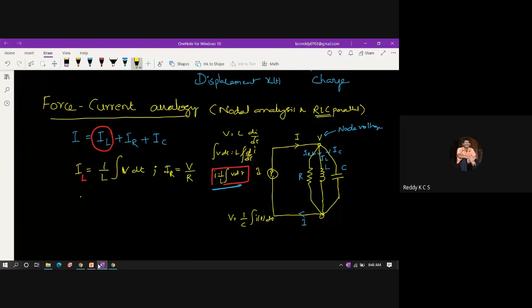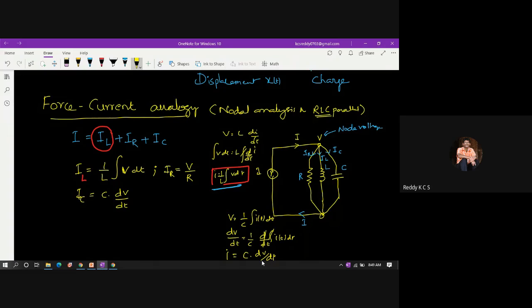Applying differentiation on both sides, dV by dt is equal to 1 by C times d by dt of the integral of i of t dt. The d by dt and the integral cancel out, so I get IC is equal to C into dV by dt.